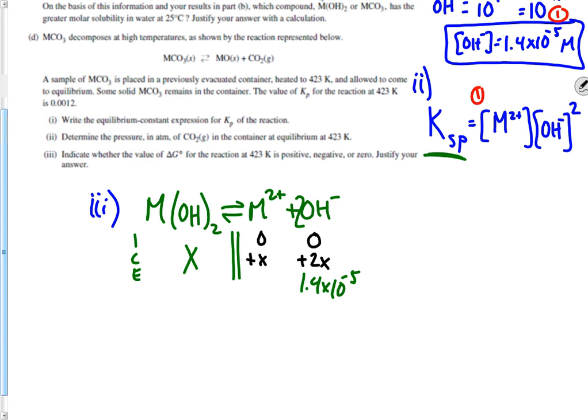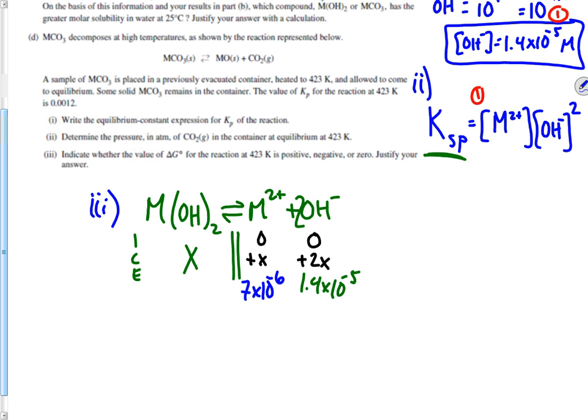A lot of you probably would have doubled it because you would have gone too fast. But it's halved. So it would be 7 times 10 to the negative 6. Yep. Or it would be 0.7 times 10 to the negative fifth still. But you don't write it like that. It just looks weird.